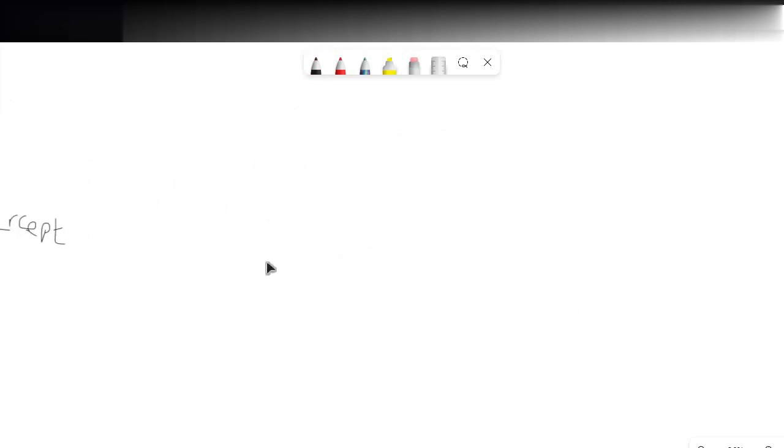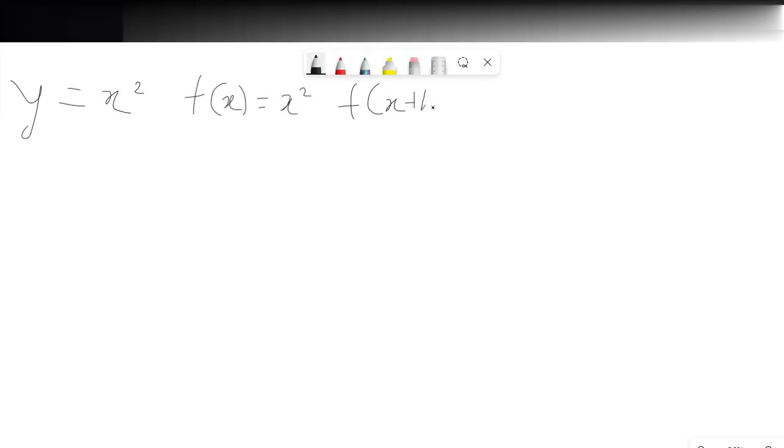Now let's see what happens when y is equal to x squared. So f(x) would be x squared as well, and f(x plus h) must be x plus h whole squared. So let's use the gradient function again.